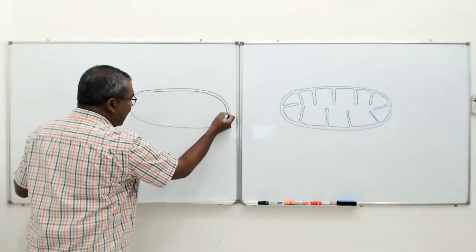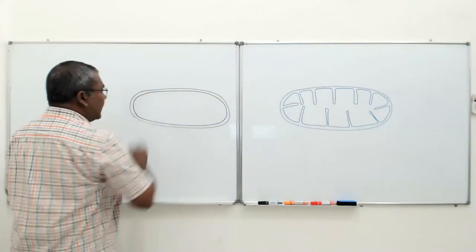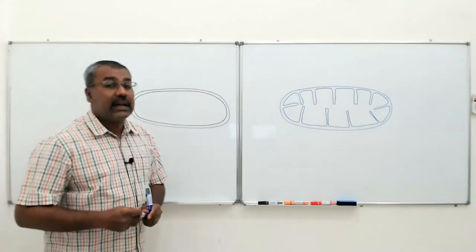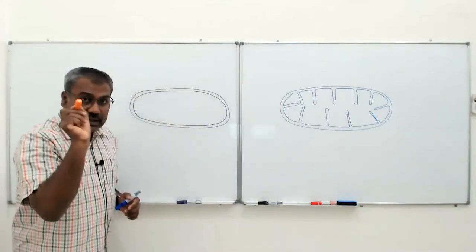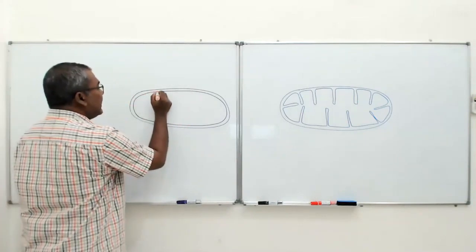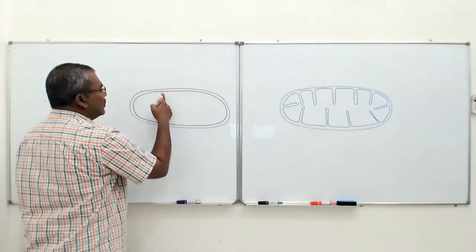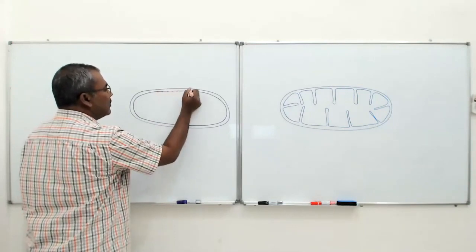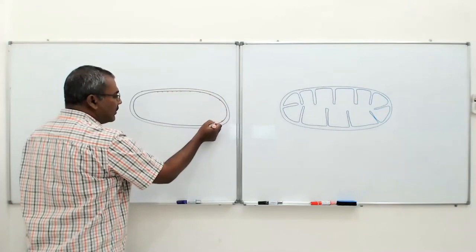Katakanlah membrane dalam, inner membrane mitochondrial tidak berlipat-lipat. Katakan warna orange ialah enzim. Okey, ini katakan ini ialah enzim yang melekat pada dinding dalam. 1, 2, 3, 4, 5, 6, 7, 8, 9, 10, 11, and so on lah.